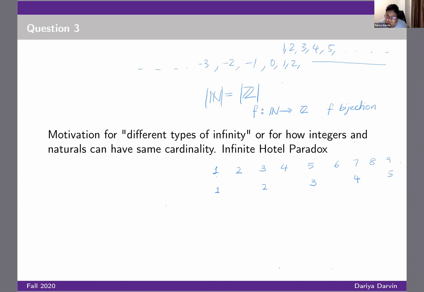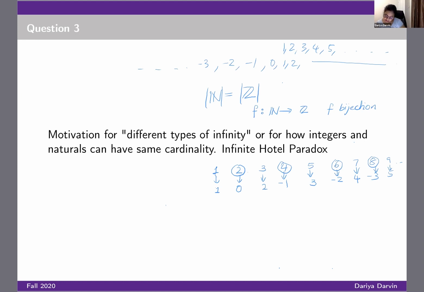I kind of leave a space empty in between, but since there are infinitely many elements, I know at some point I can send them to each natural number. And the even natural numbers, I'm going to send to the negative integers. This will go to -2, -3. So I basically made a way of sending my numbers to the integers. I can do this for every integer.